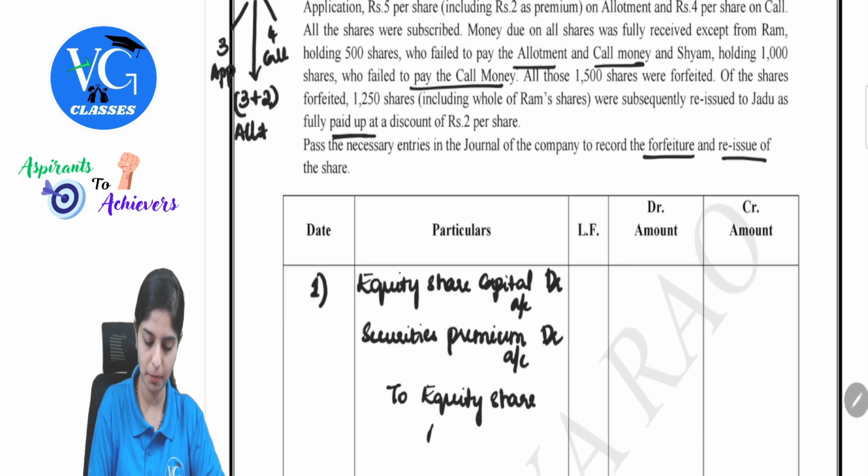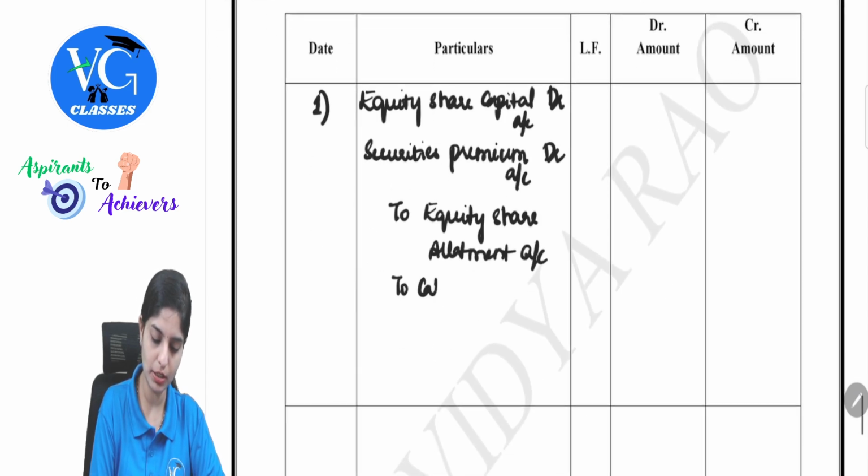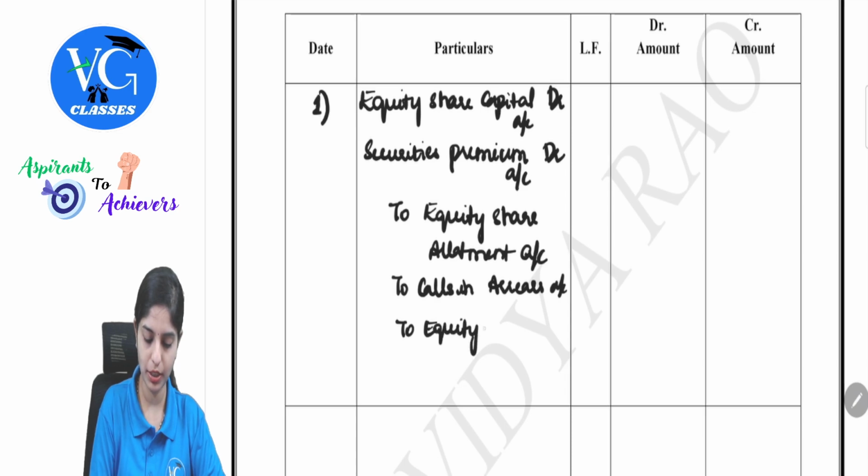Equity share allotment account, 2. Calls in arrears. And then the balance will go to share forfeiture. To equity share forfeiture account.